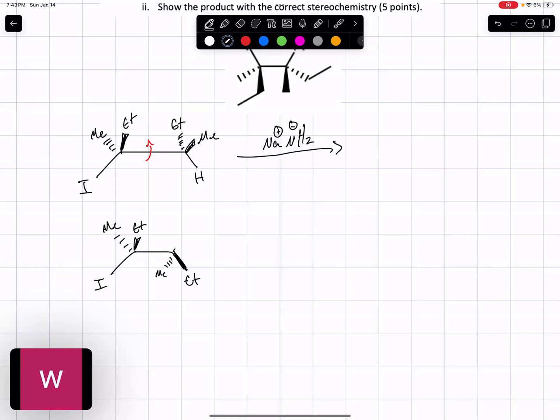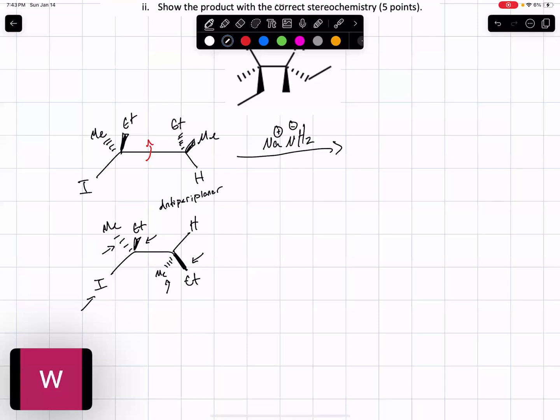And now this hydrogen is technically either, you can view this as opposite to each other, as anti-periplanar, or on the same plane. These things are pointing below and above the plane. And hydrogen is basically opposite to iodide, but it's on the same plane. This is anti-periplanar.